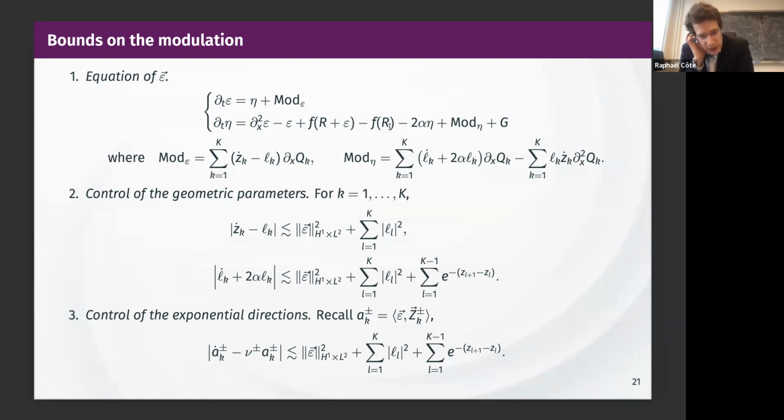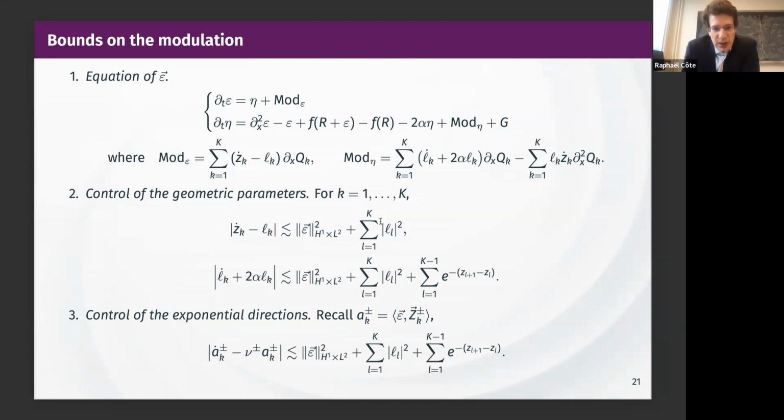And from this, if you take this equation and do the scalar product with dxqk, on epsilon and then on eta, you get the system of ODEs, up to an error, for the geometric parameters zk and lk, and this is what you get.